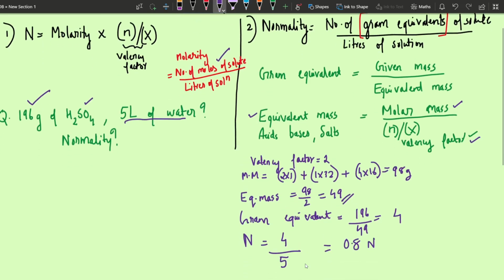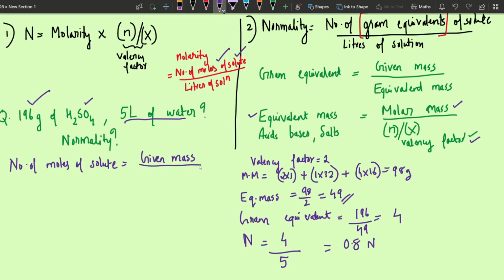Now we can see how we will do this same thing using the first formula. For that, we need to find out the molarity. In order to find molarity, the first step is to find out the number of moles of solute. The number of moles of solute is the given mass divided by molar mass.